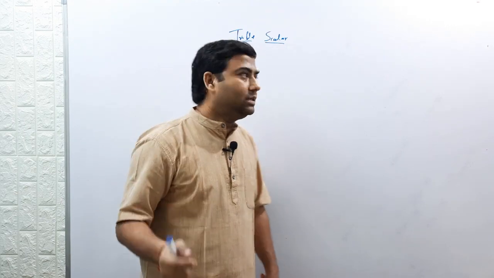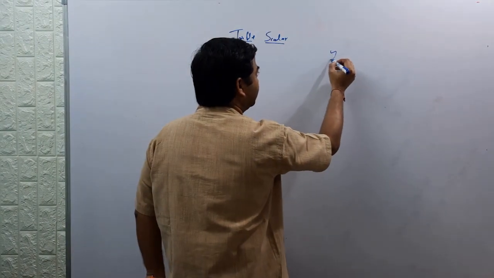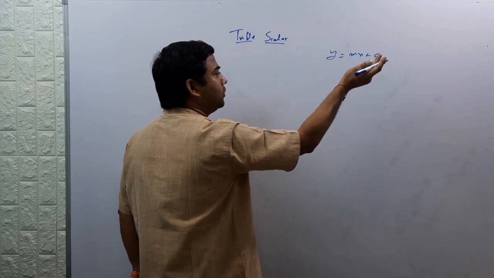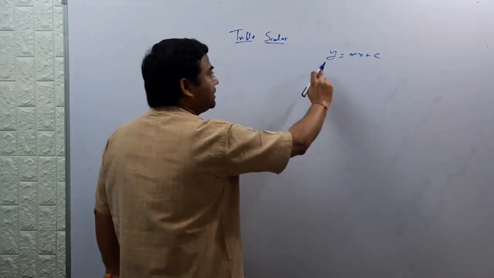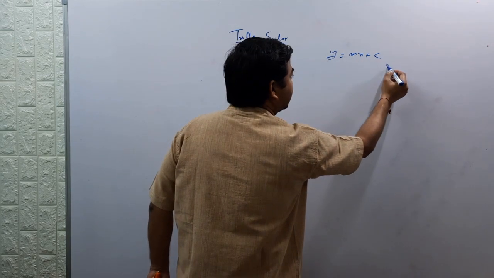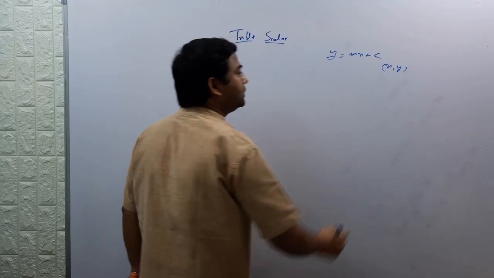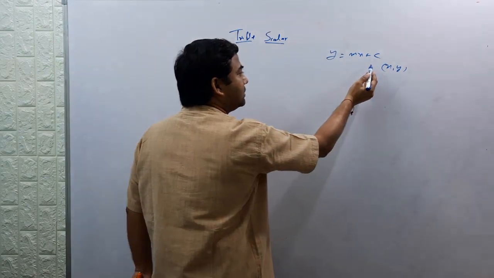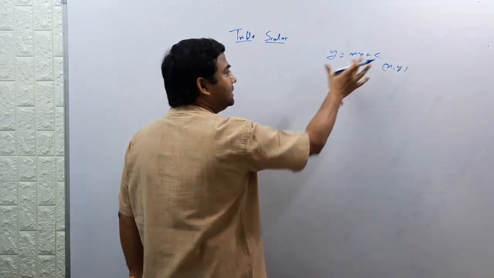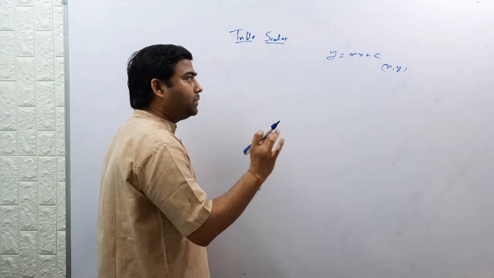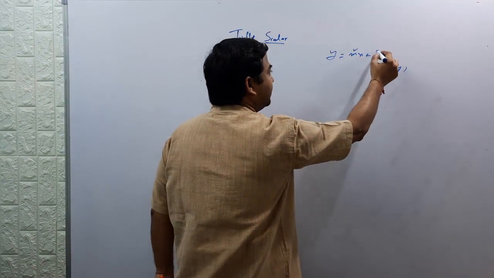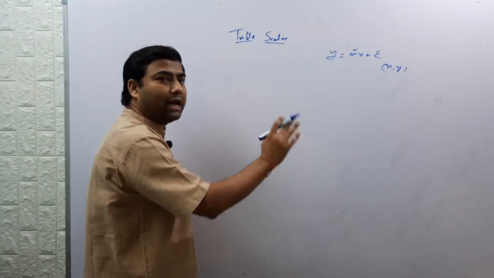In coordinate geometry, you have the line y equals mx plus c, or in a different form. That means x and y are general points which will lie on this line. All pairs of coordinates which satisfy this equation for a particular value of m and c will lie on this line.